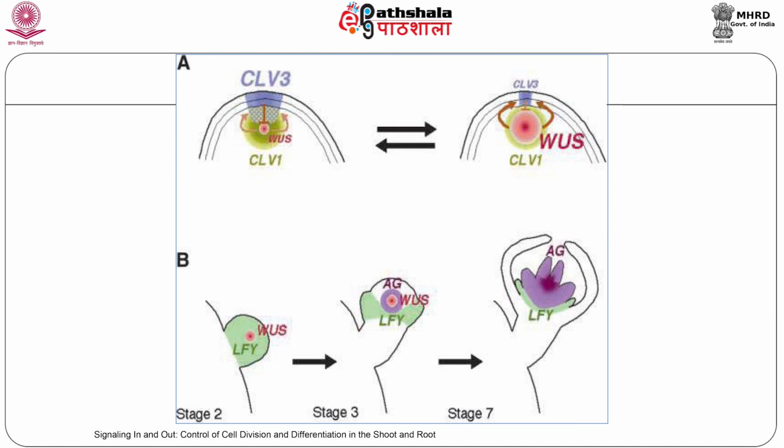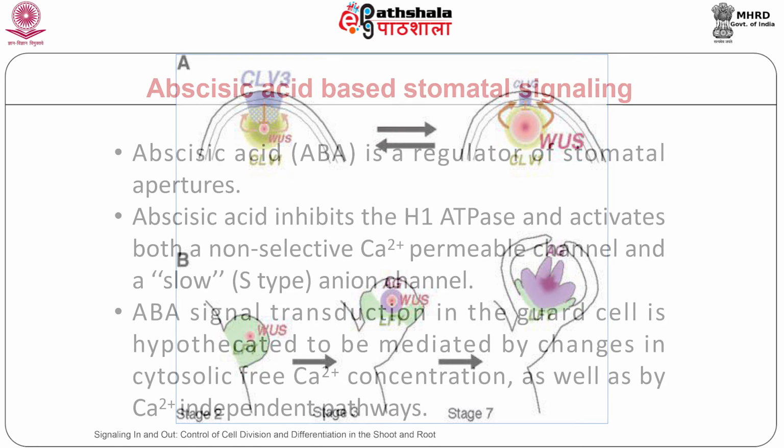A laser ablation study first gave conclusive evidence for the importance of positional signaling in root pattern formation. The root initial cells can be thought of as functionally equivalent to the CLV3-expressing stem cells of the SAM.